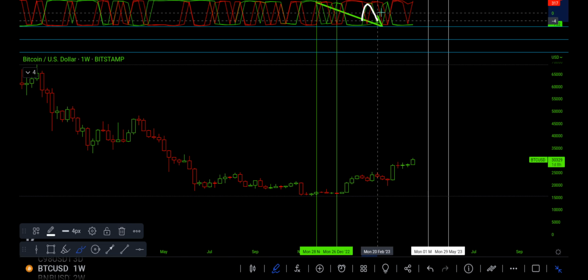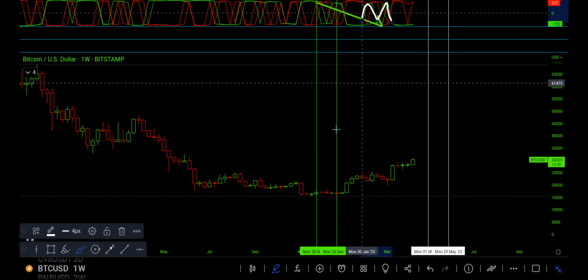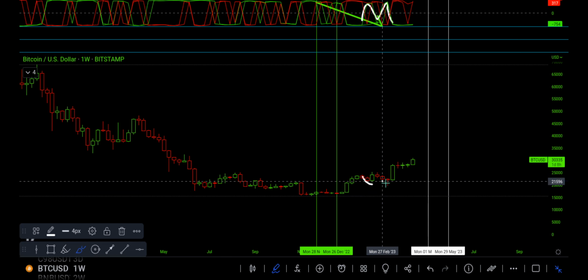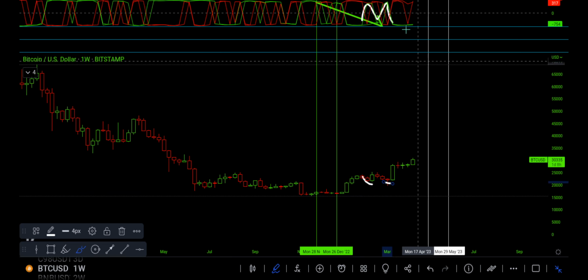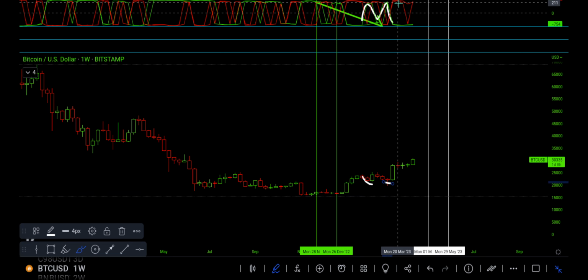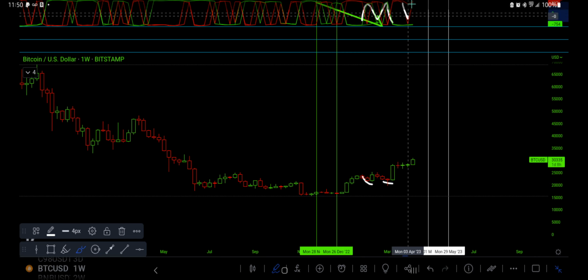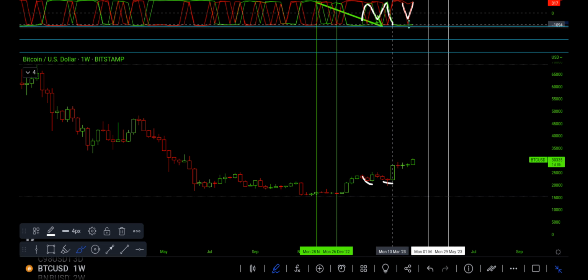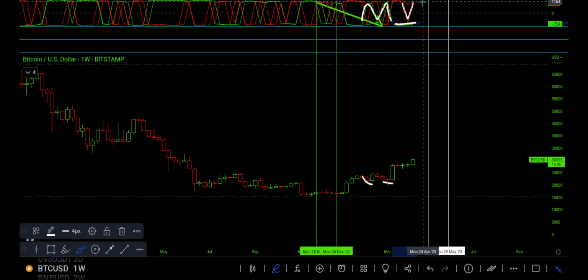So here's a M pattern, which means we had a kind of a double bottom right here. And then now we also have, again, further push up by the bullish momentum found right here. So it's kind of repeating that pattern.